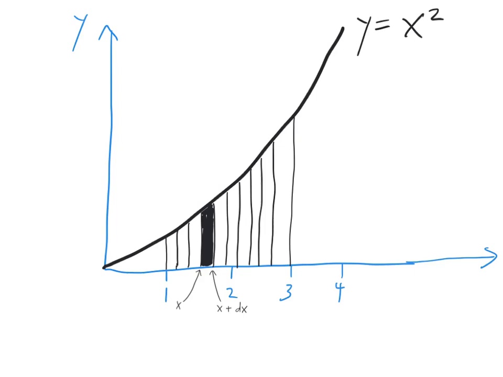So in that case, the height of this rectangle, this distance here, is simply, since the rectangle is located at position x, the height of this curve, which is x squared.